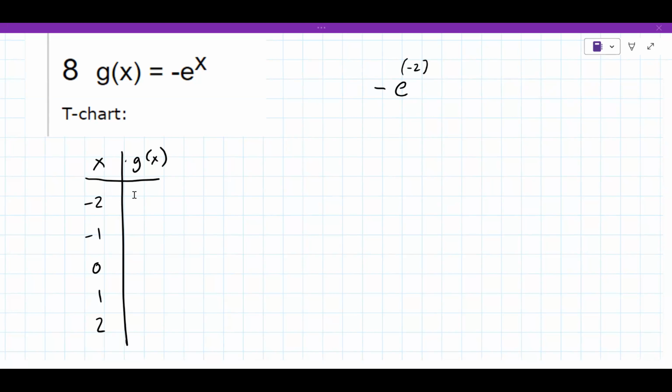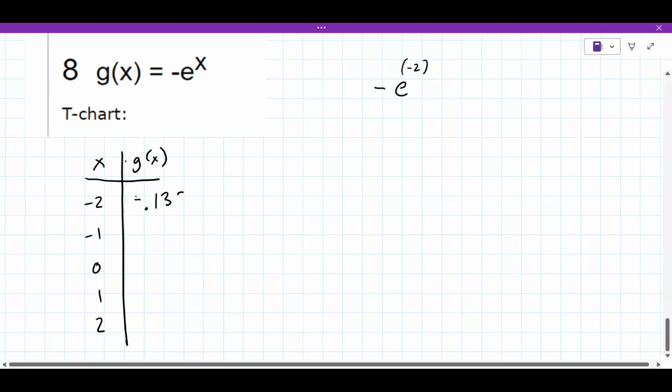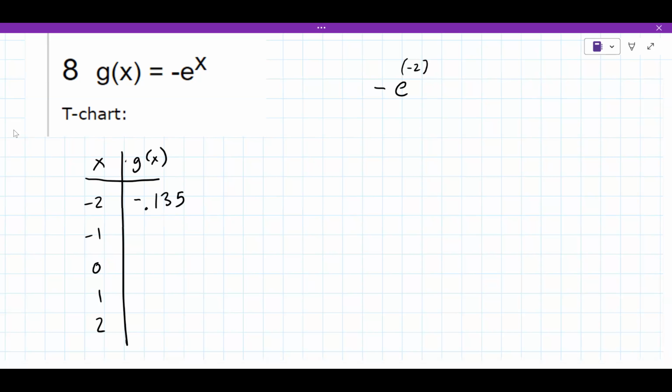So it'd be 0.135. Good. Let's do the next one. It would be -2.718 for -1.